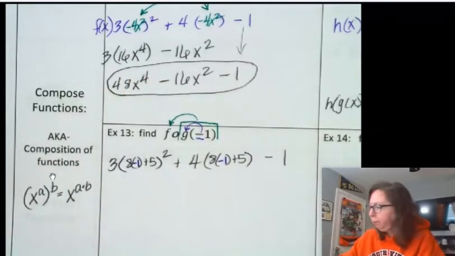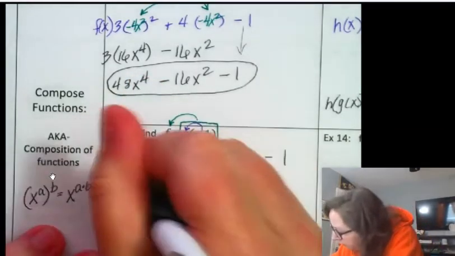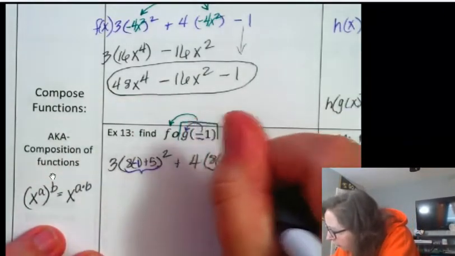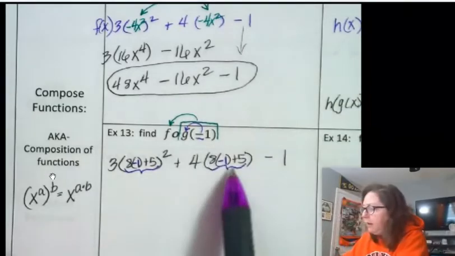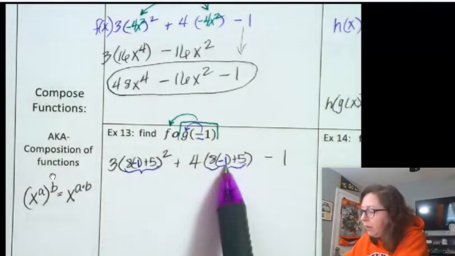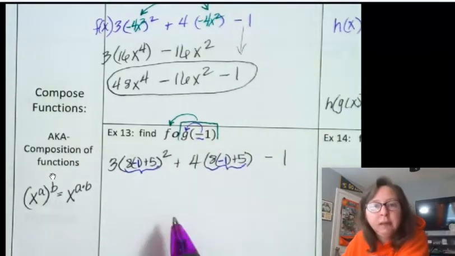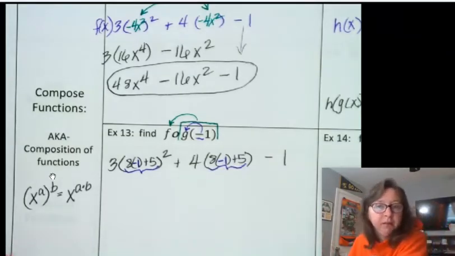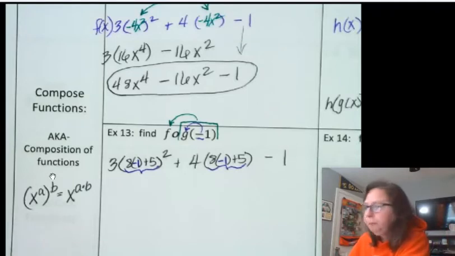So this is the g function, and I put the -1 inside the g function. And then I took the g function with the -1 and I put it inside the f function. And now I just have all these numbers that I can work with, okay?